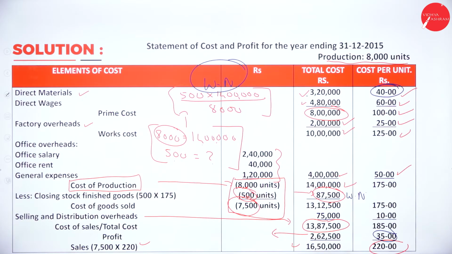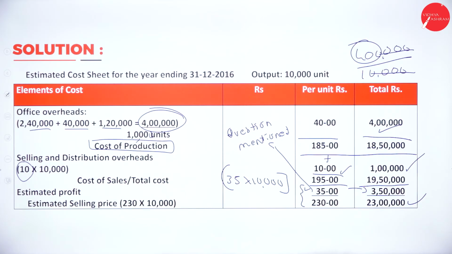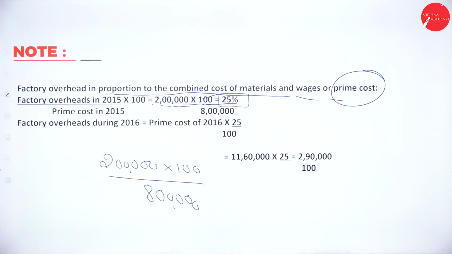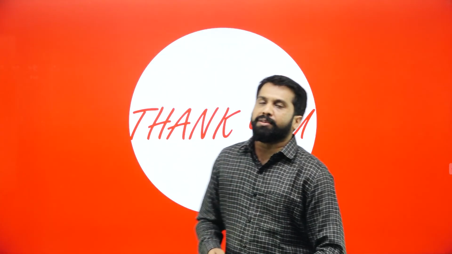This will be the first part of your answer, which is nothing but your normal cost sheet. This will be your second one, the quotation. This is the second and last part of your quotation. And this is the working note to find out the percentage.